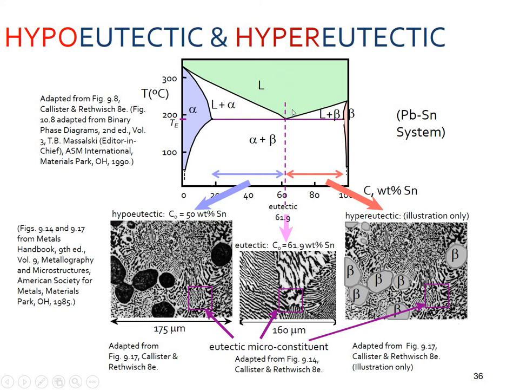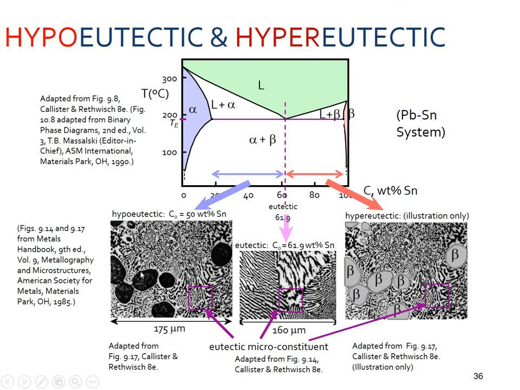And if you visualize this eutectic composition, you won't get any primary alpha or beta phases in this micrograph, because the liquid is directly converting into alpha and beta, and these are the alternating layers.